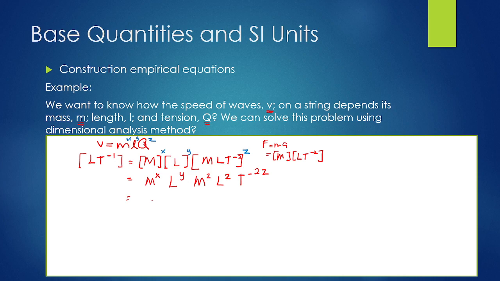The dimension of M is x over here and z over here, so x plus z, and then you have L to the power of 1 over 2 here, times L to the power of y plus z, and times T to the power of negative 2z. So you can see that I'm regrouping every dimension of mass, length, and time.